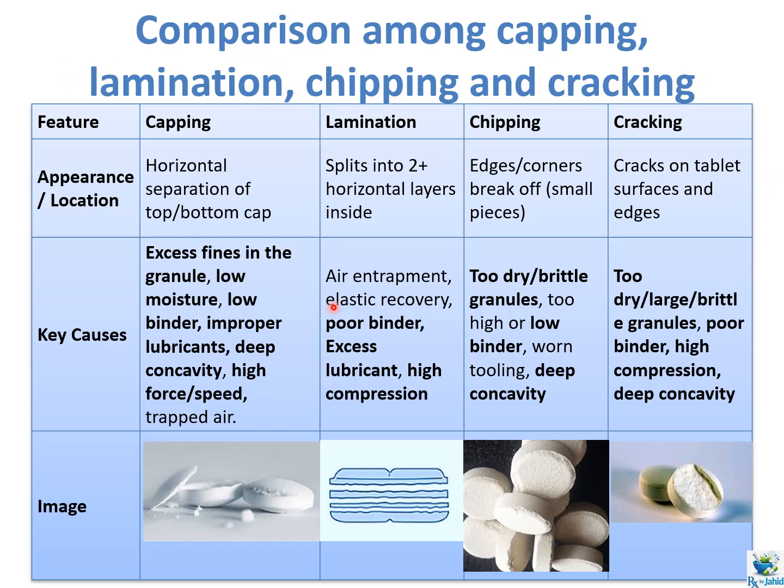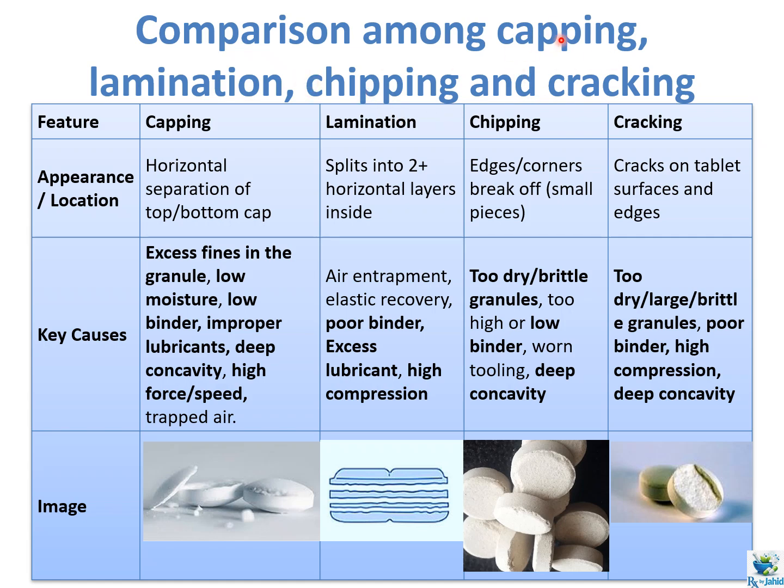So this slide is very important because it shows the comparison among chipping, lamination, capping, and cracking. There is a common similarity among all of these: in all of the cases, tablet fragments have been broken off.